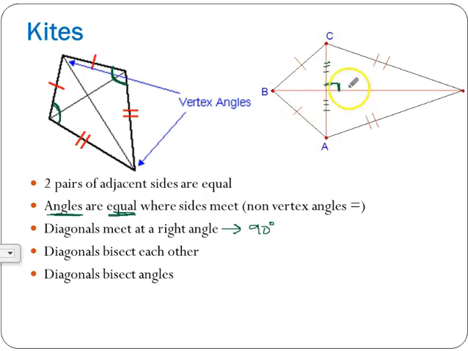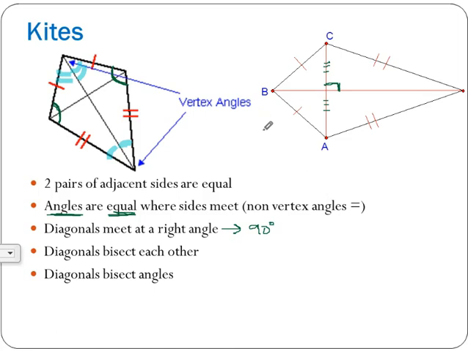Not this one though. And then the diagonals bisect the angles. So each angle will be cut. These two right here will be congruent, and these two will be congruent, and then these two angles right here will be congruent. So I just wanted to introduce what kites are.